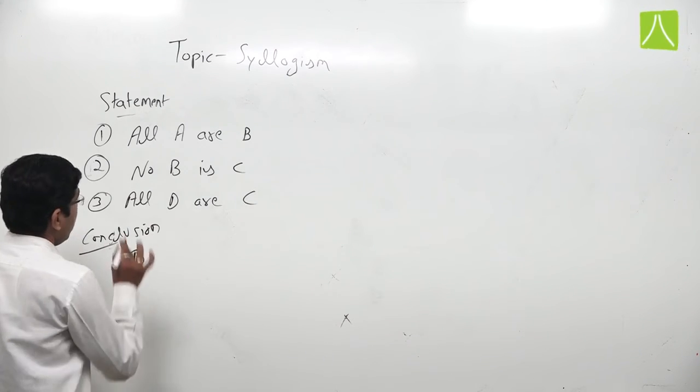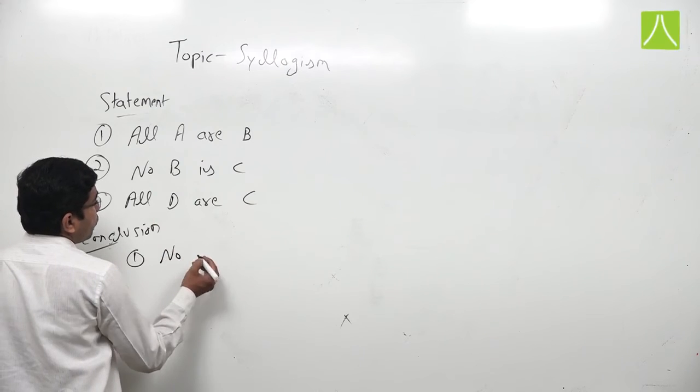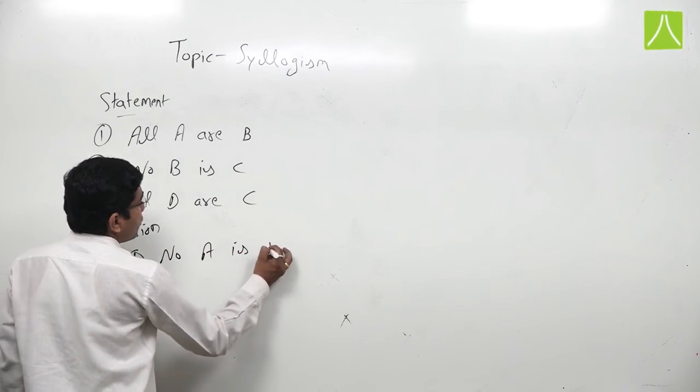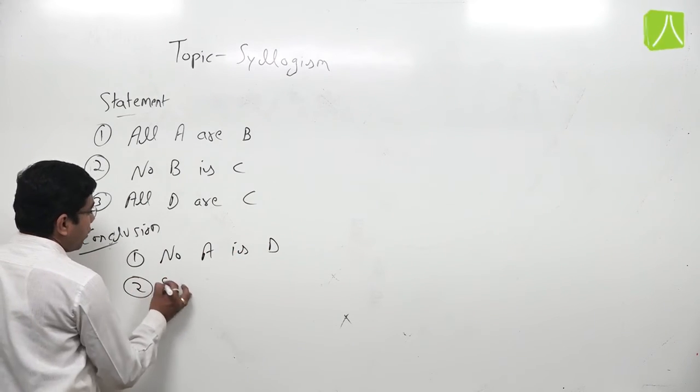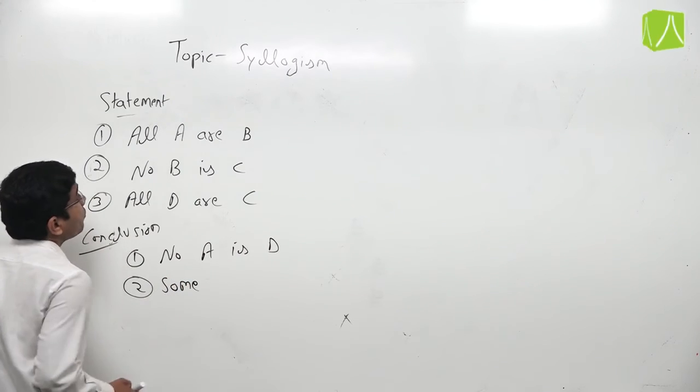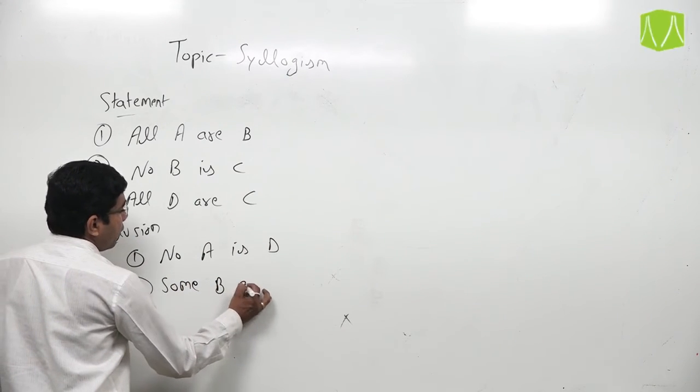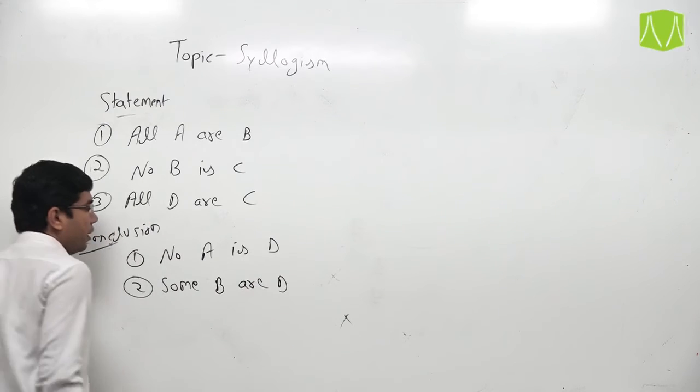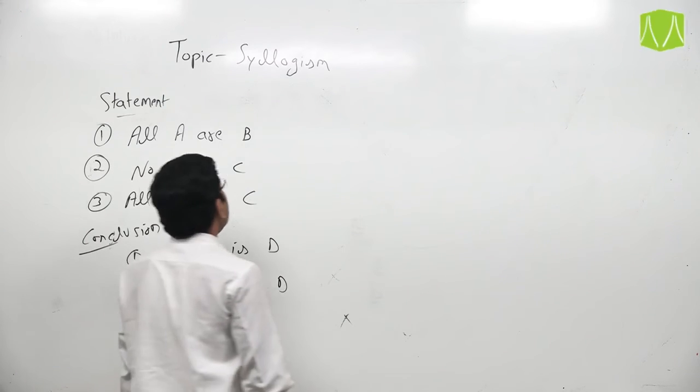First conclusion, no A is D, and second conclusion, some B are D. Now first we have to make the diagram.